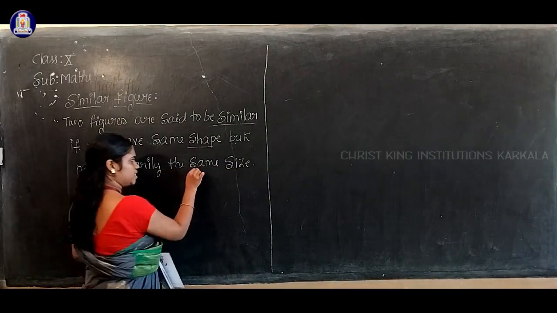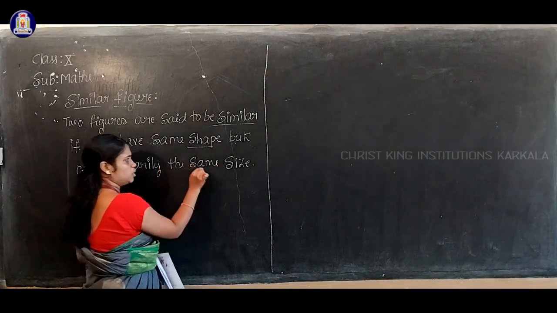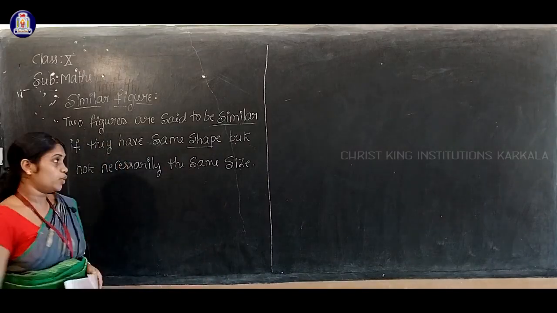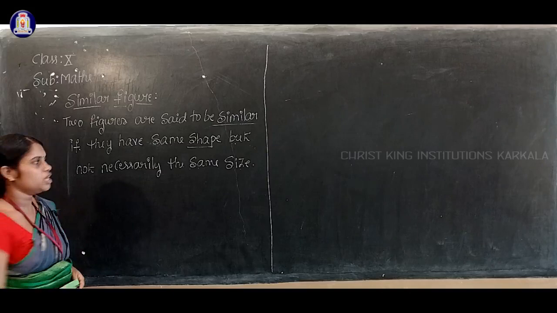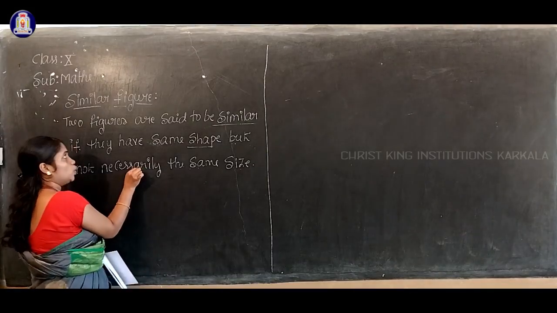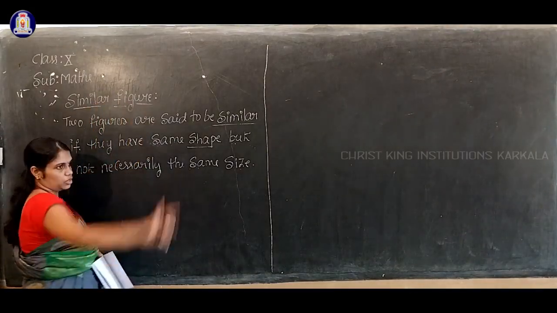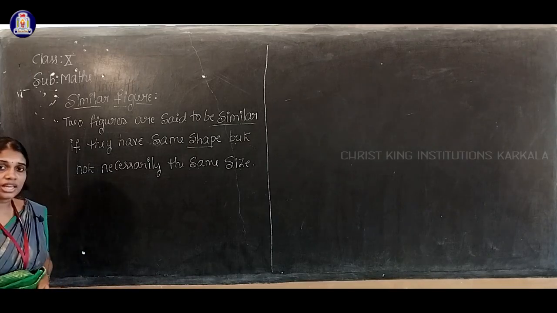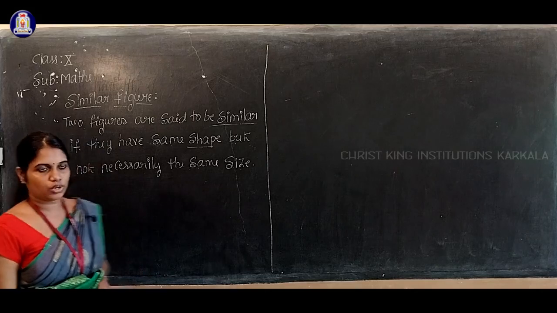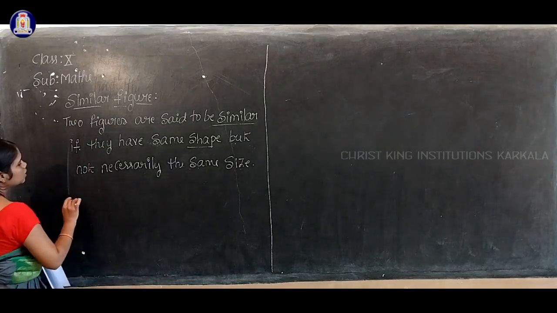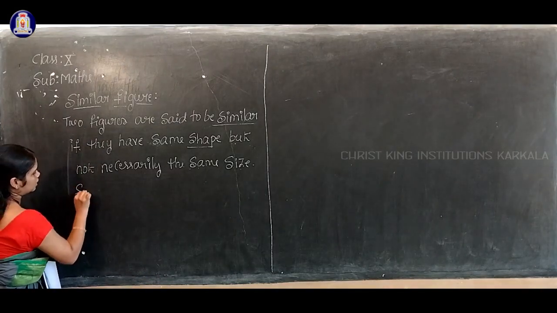It's not necessary that the two figures have the same size; it may vary, but the shape must be the same. Such figures are known as similar figures. Now in particular I will discuss similarity of triangles.